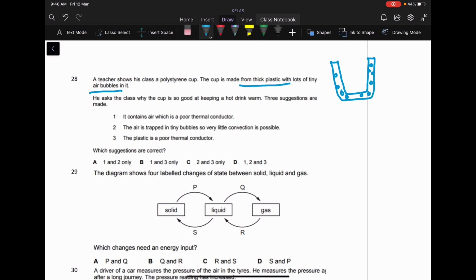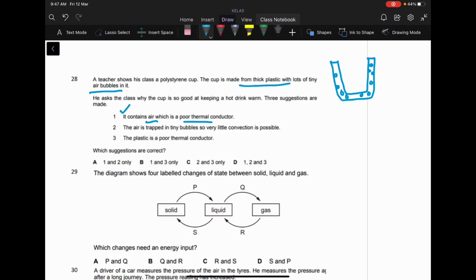Three suggestions are made. It contains air, which is a poor thermal conductor. The air is trapped in tiny bubbles, so very little convection is possible. The plastic is a poor thermal conductor. Which suggestions are correct? Number 1, it contains air, which is a poor thermal conductor. Is it true? Yes, it's true.